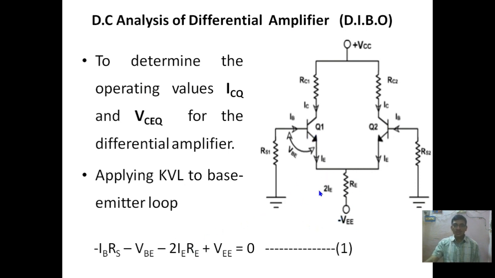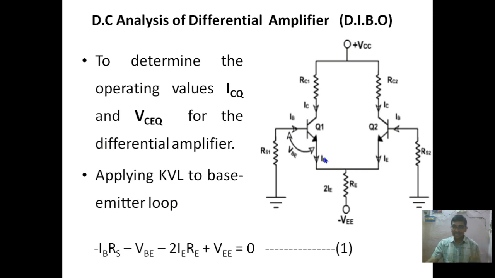So why is it 2IE? Because here we have two CE amplifier sections, and these two amplifiers have emitter currents IE1 and IE2. These two currents mix in the resistor RE. That's why IE from Q1 and IE from Q2.